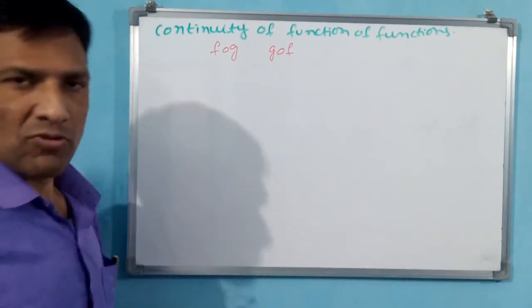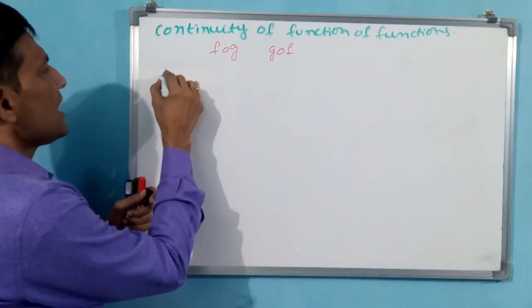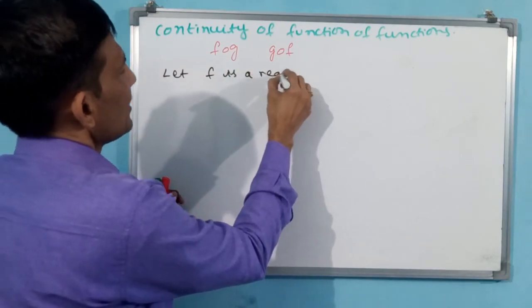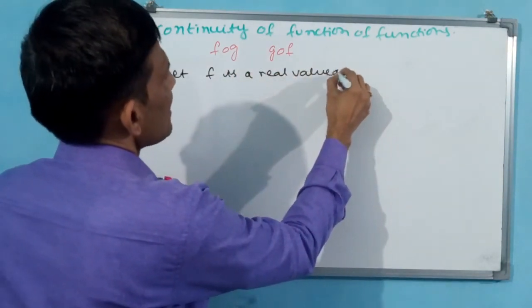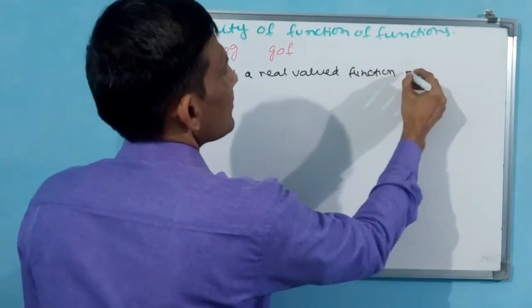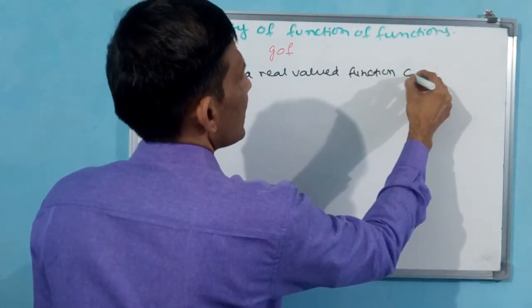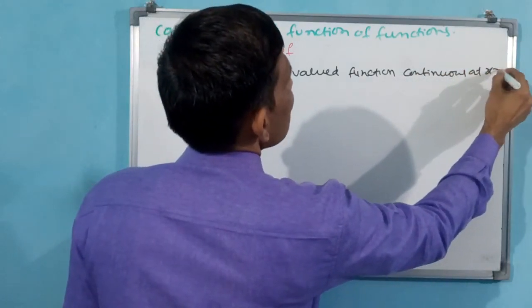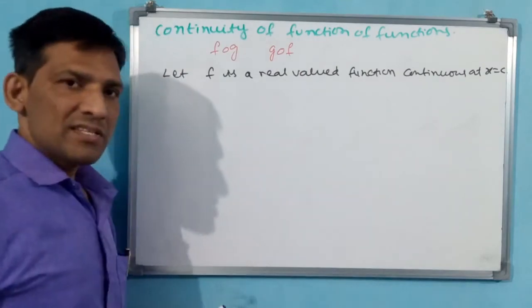Same conditions again I have to write. Okay, see, let f be a real valued function and continuous at x is equal to c. C is a real number.